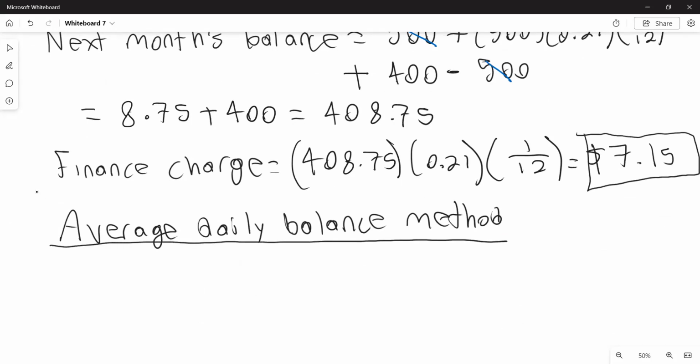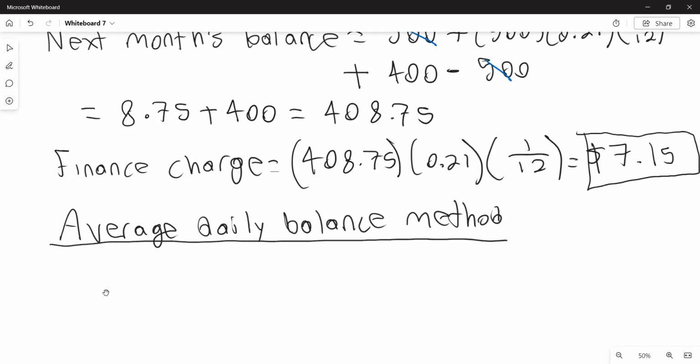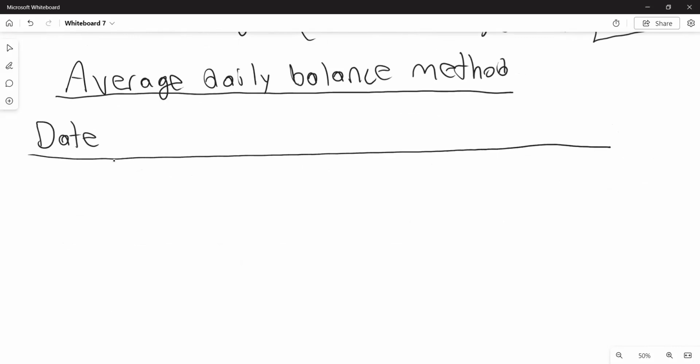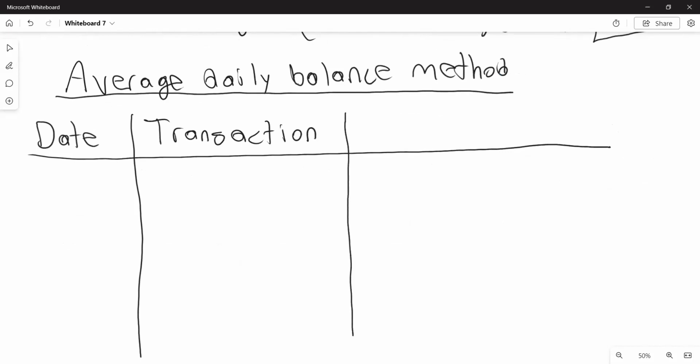Okay, with the average daily balance method, we need to make a table with the date, the transaction, the balance after that transaction, and the number of days with that balance.